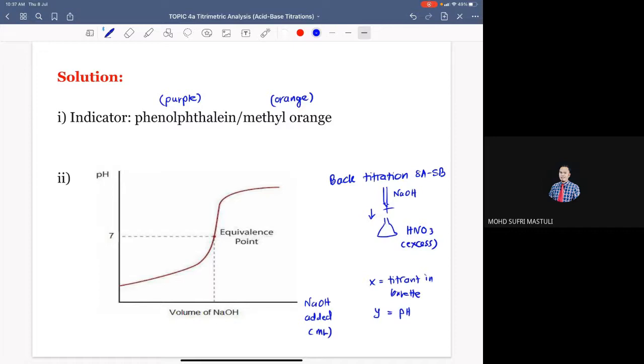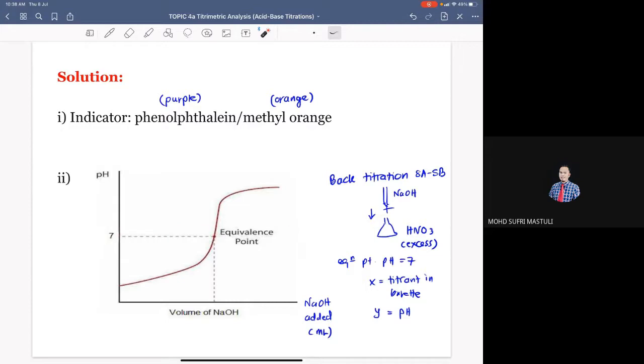All right. So you know several pieces of information from the question. Since the reaction is a standard strong acid, strong base, the equivalent point is pH 7. This is why we draw pH 7 equivalent point here.